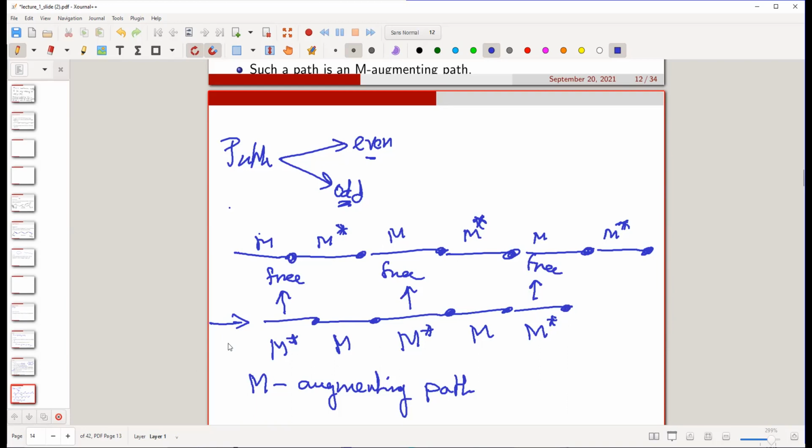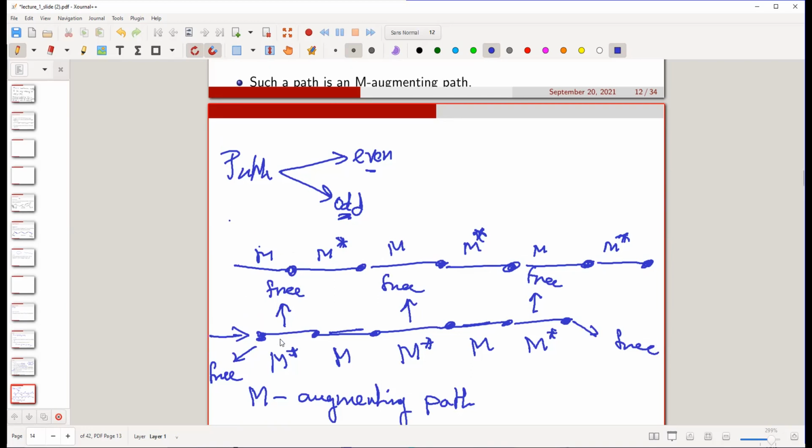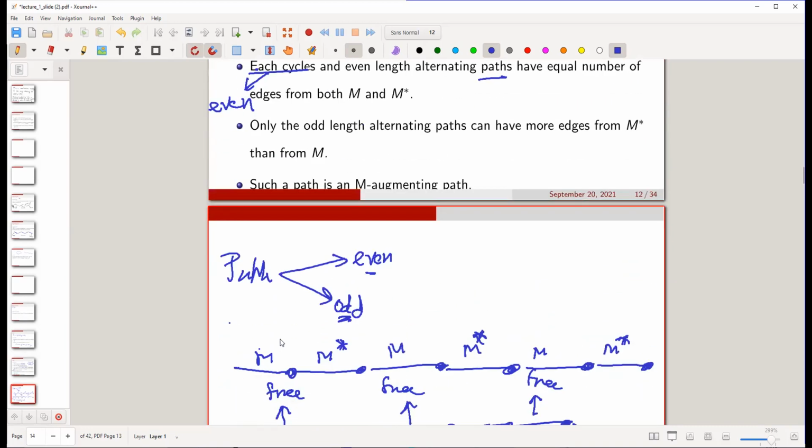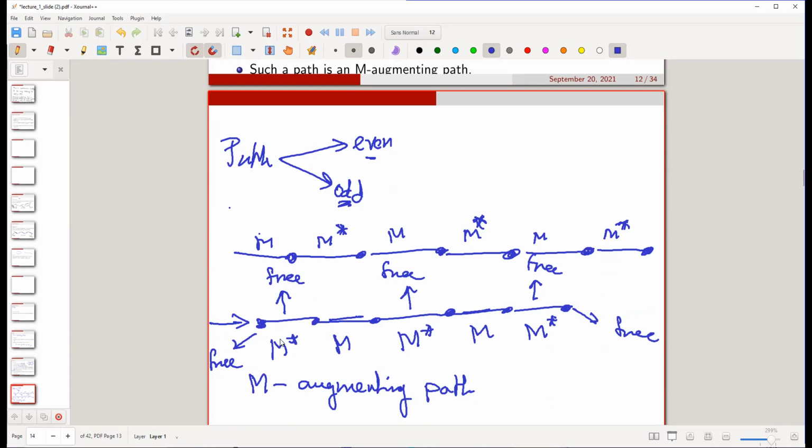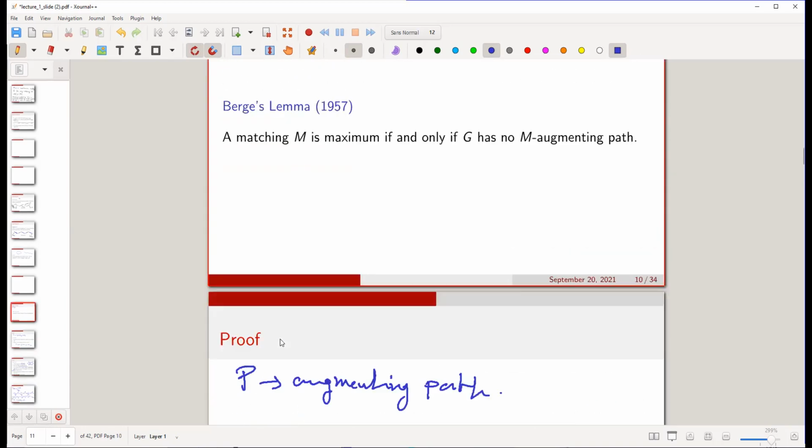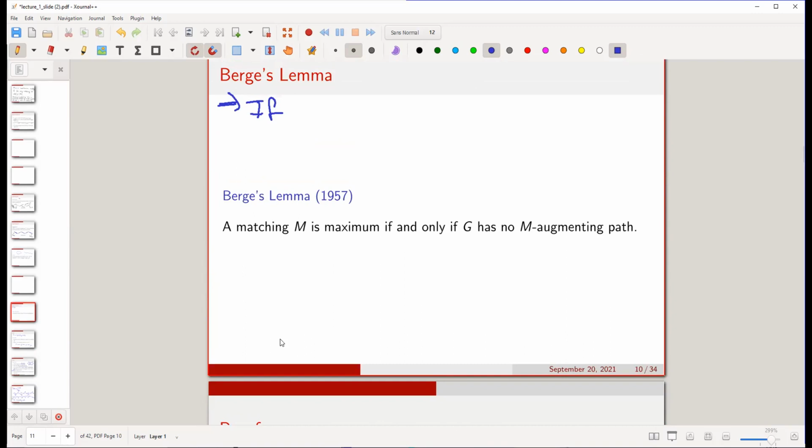These vertices are free vertices in M, this is also a free vertex in M, and these two edges are matched in M. So you can see that this path is basically an M augmenting path, and that completes our proof. We started with the assumption that M is not a maximum matching, and we found an M augmenting path. So that proves this lemma, both sided lemma.